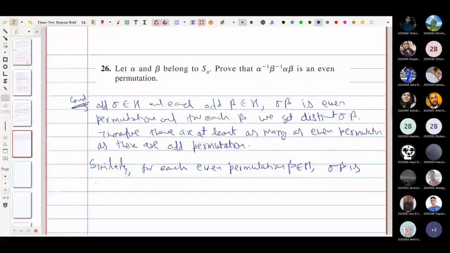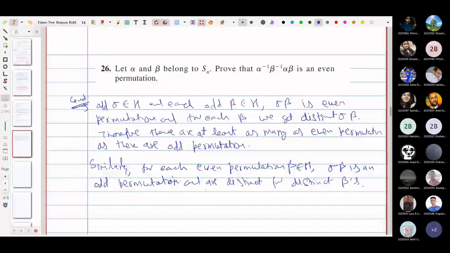Sigma was odd, beta is even, so it is an odd permutation, and these are distinct for distinct betas. Fine.